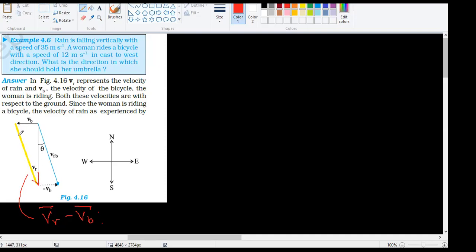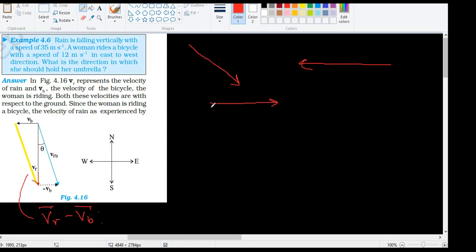even though the rain is falling down vertically, since you are going on a bicycle like this, it almost appears like the rain is coming like this. And if you are going at a very, very high speed, the rain will appear as though it is coming this way, which is theoretically possible.